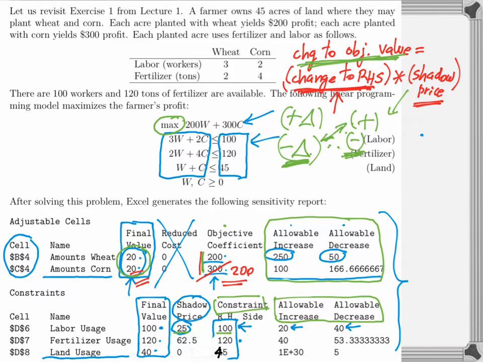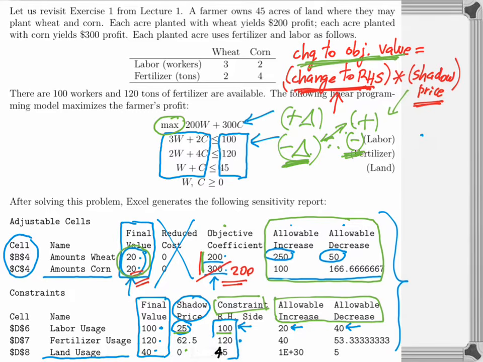A couple more clarifications. In the special case, notice that sometimes the shadow price could be 0. What does that mean? In this particular case of the land here, I'm not using all the land that I have. So the meaning of that 0 is if you had more land, assuming that this is the business you're involved in, it wouldn't help, because the resources that are constraining your actions right now are actually the other two, the labor and the fertilizer.